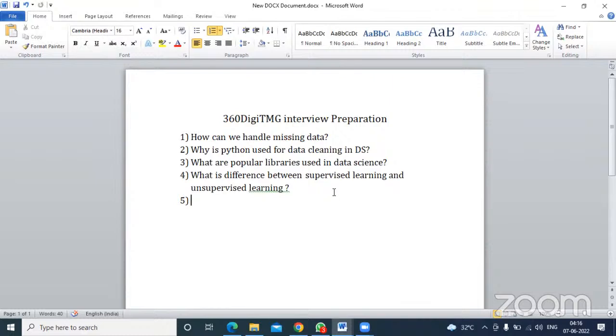Supervised learning has a feedback mechanism; unsupervised learning has none.